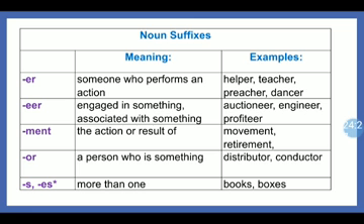So for example, auctioneer. This means a person who is involved in auctions. An engineer is a person who builds things. We have a profiteer, a person who makes a profit.